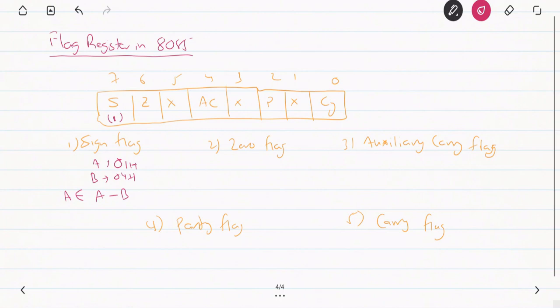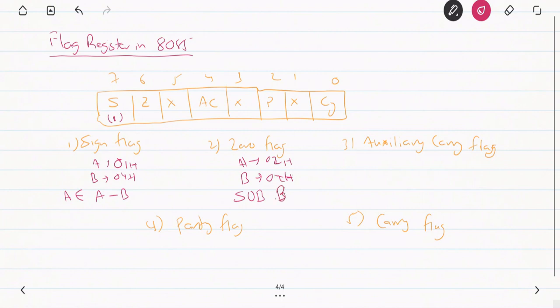Moving on to the zero flag, this zero flag is set whenever the result of the accumulator is 0. Let's say we have 02H in our accumulator and we have 02H in our register B and we are doing a subtraction operation.